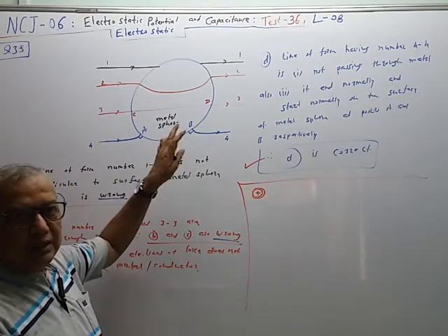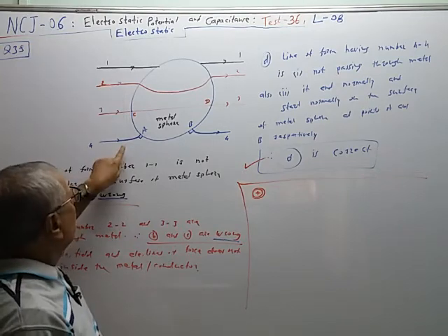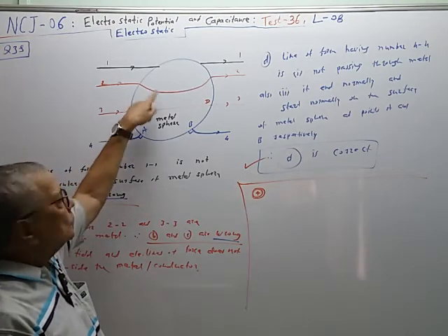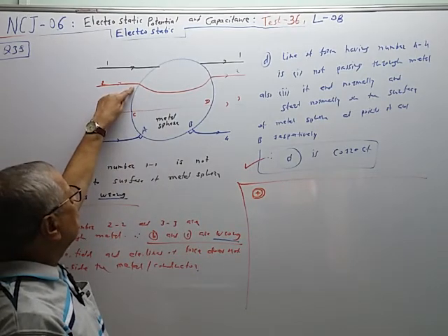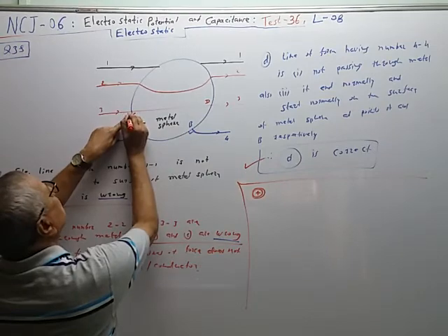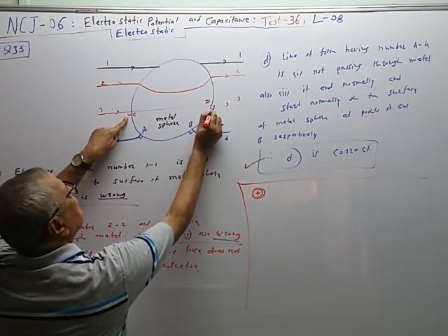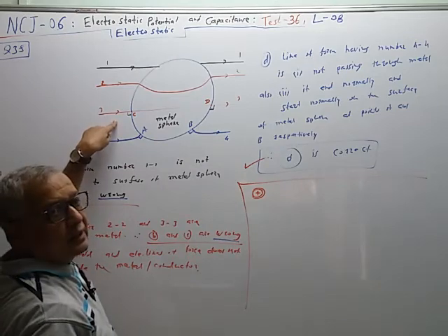Through dielectric, electric lines of forces pass. So 1 will be round, 4 will be round. These two lines are passing, but now this angle is not 90 degree. If at point C this angle is 90 degree, then out of 2 and 3, one will be correct for dielectric.